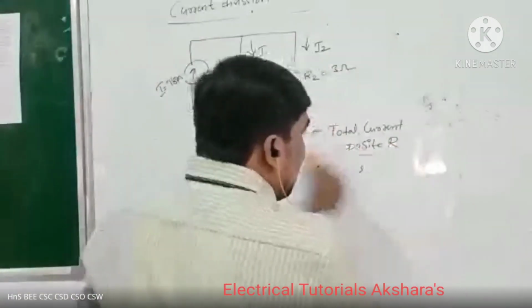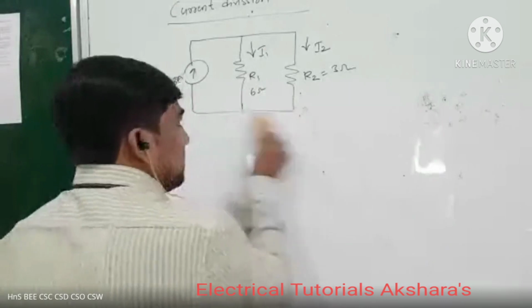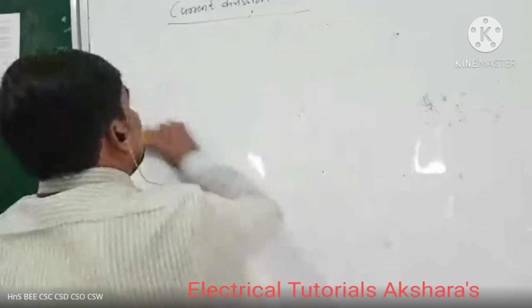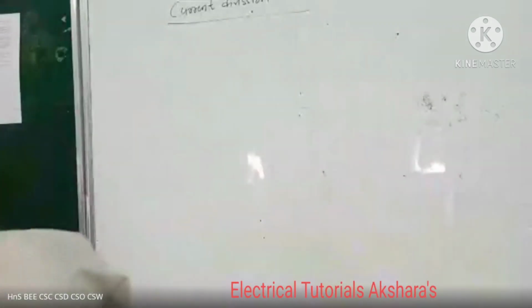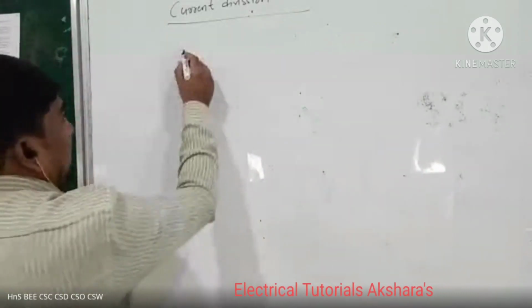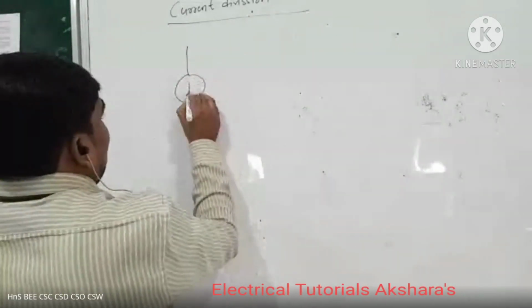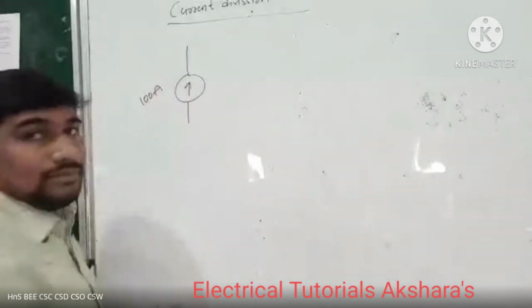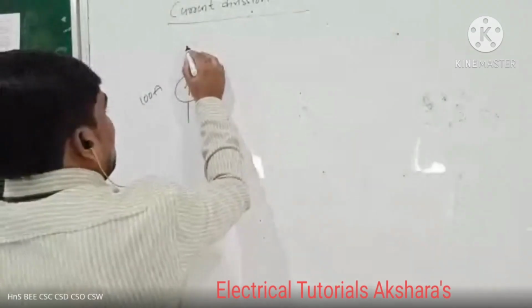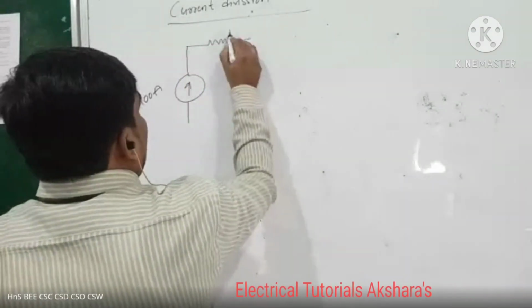If two or more resistors are given in our circuit, then how do we find the current by using the current division rule? For example, I am taking one current source, a 100 ampere current source, and this is 10 ohms.